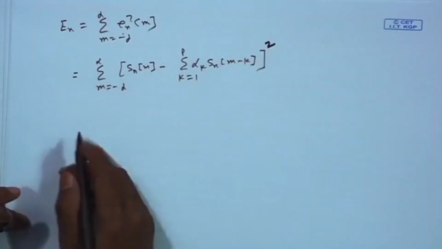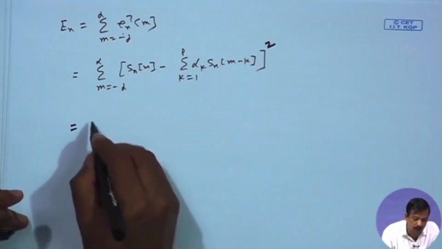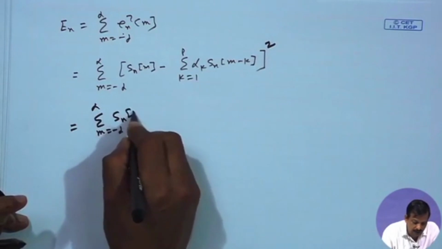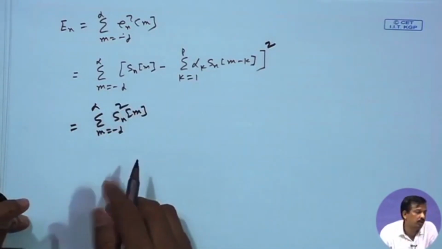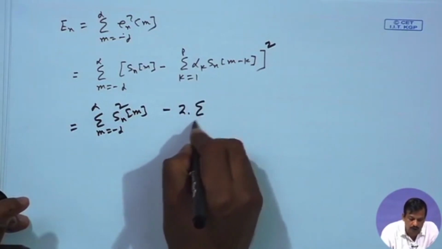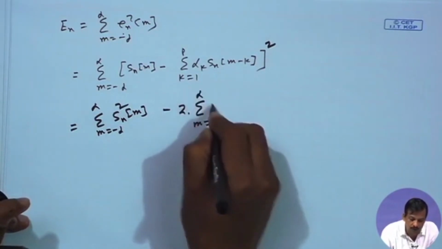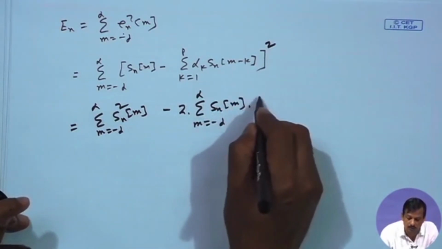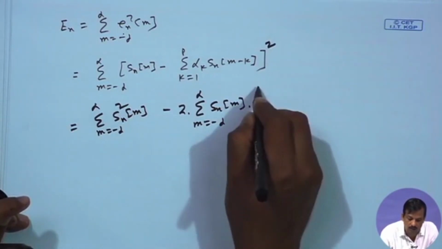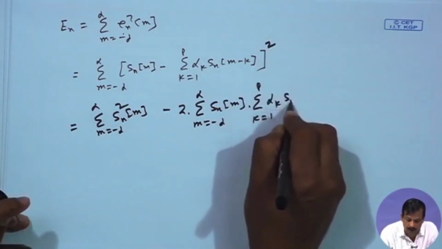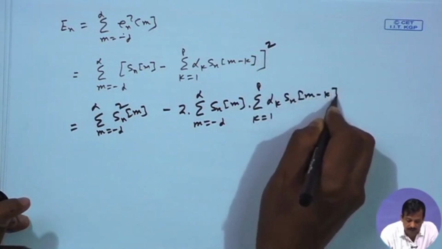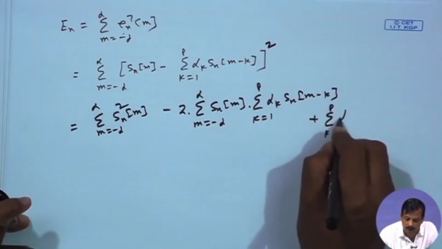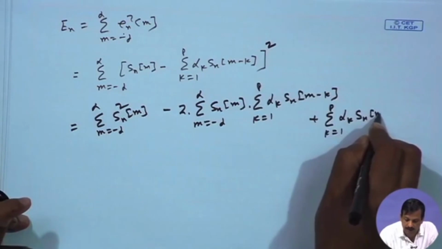If I expand the square, a minus b whole square, the first term is the sum over m of s n m square, minus 2 times the sum over m of s n m times the sum over k equal to 1 to p of alpha k s n of m minus k, plus the square of the sum over k equal to 1 to p of alpha k s n m minus k.